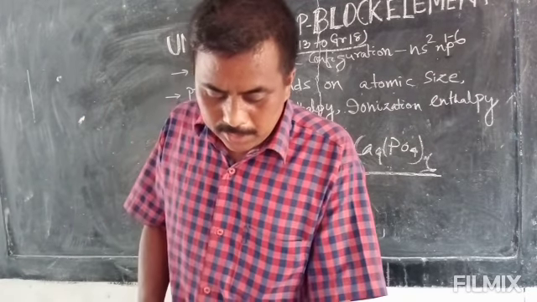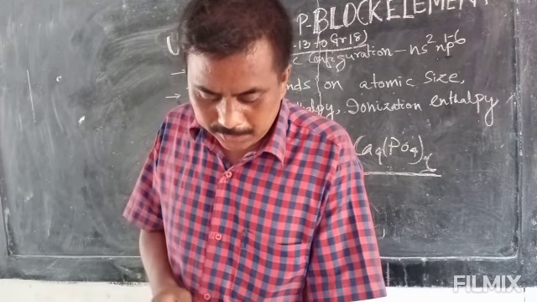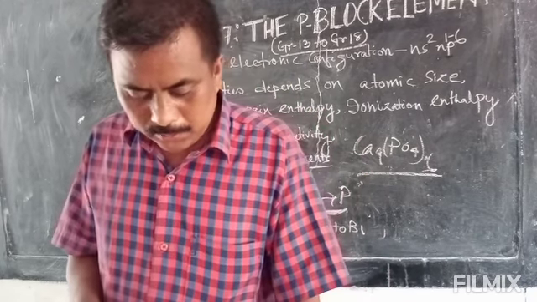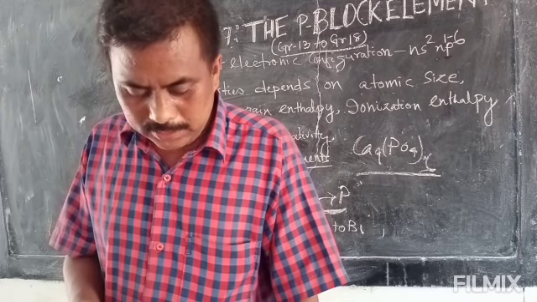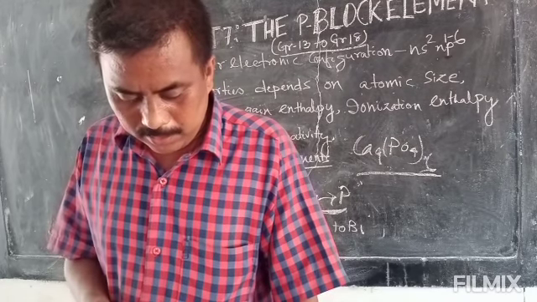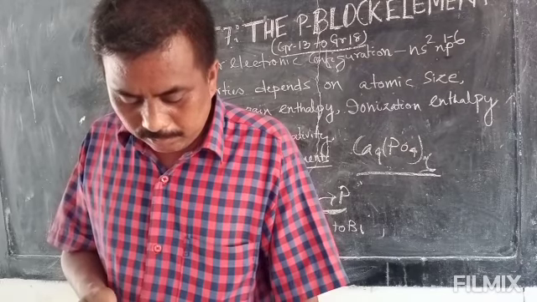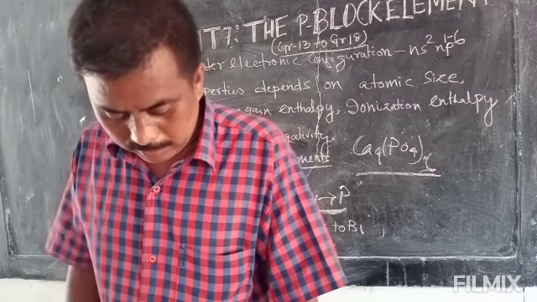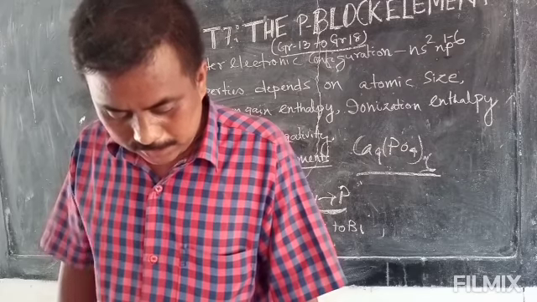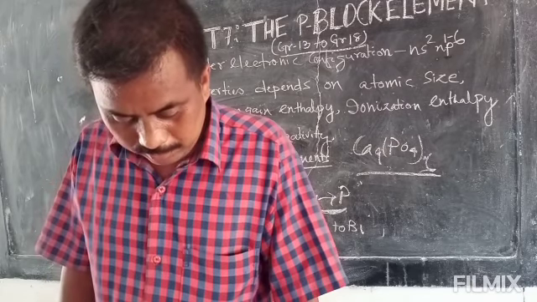Again, because of the extra stable half-filled p orbital electronic configuration and smaller size, the decrease in ionization enthalpy gradually happens while increasing the size. This is also another factor.